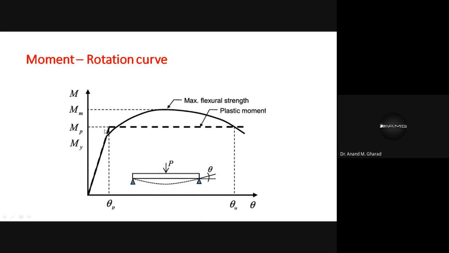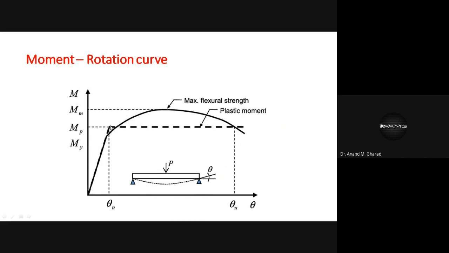So again, this is the idealized moment rotation curve. And you can see now, what is the notation? My. My is nothing but the yield moment. And this yield moment is nothing but equal to Mp.